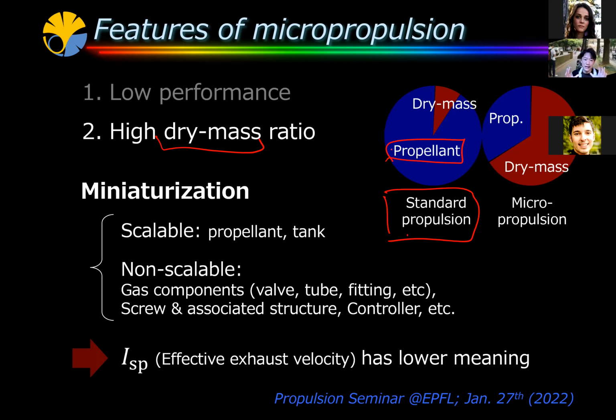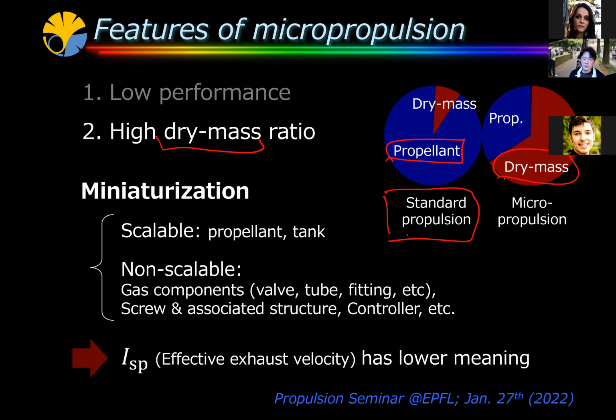If you have a 100 kilogram propulsion system, maybe 80 or 90 kilograms is propellant. This is the standard case. But in micropropulsion, often this dry mass ratio increases much, for example, 50% or maybe more than 50%.